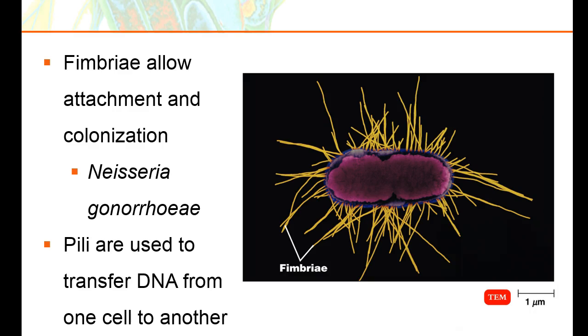Pili are really fascinating, because microbes are able to isolate DNA, first of all, copy that DNA, second of all, and pass that DNA, transferring it from one microbe to the other.